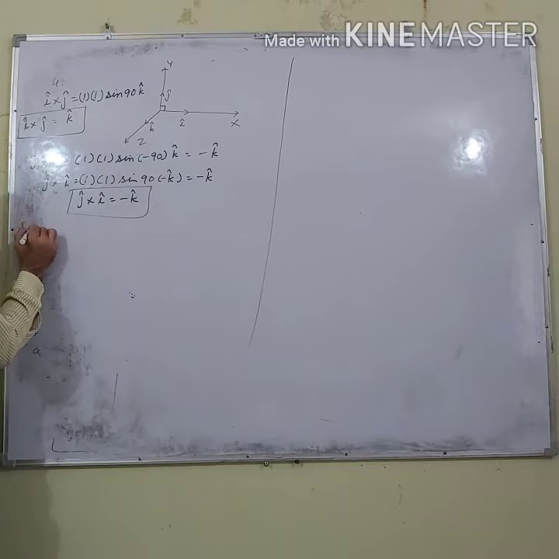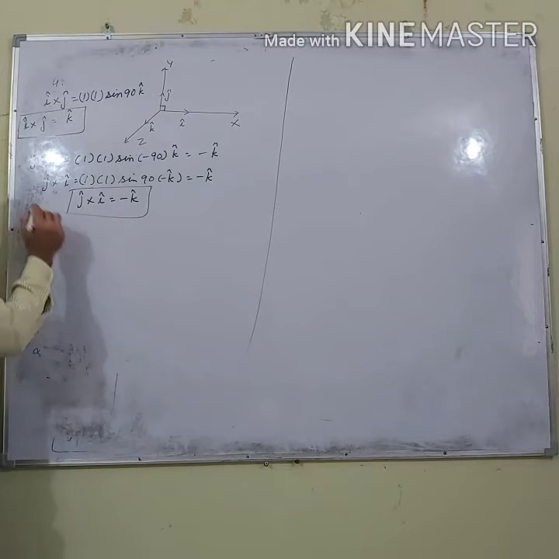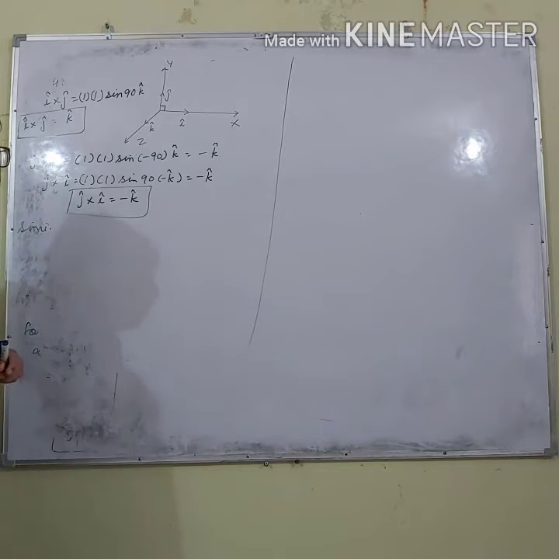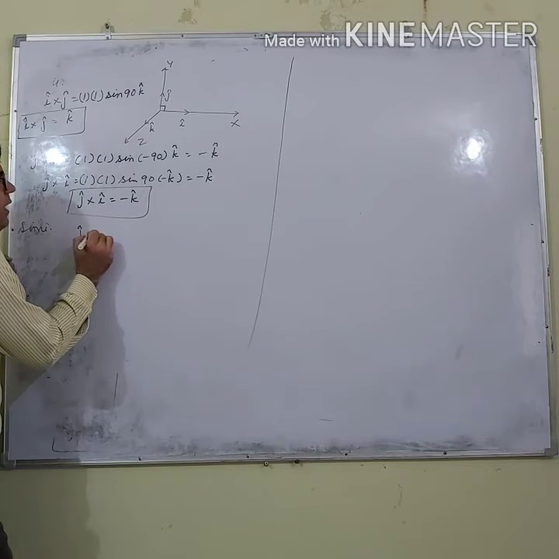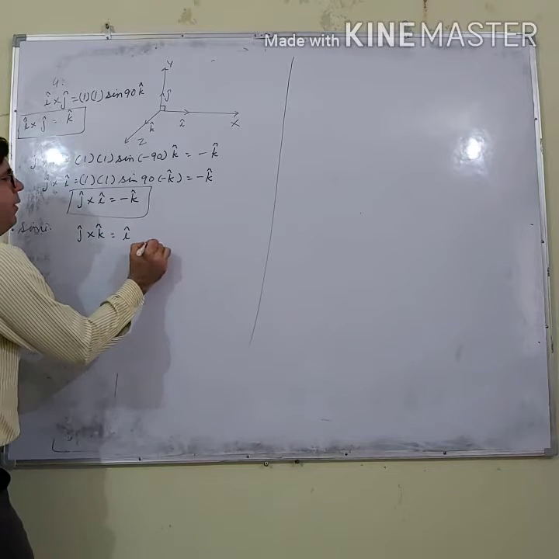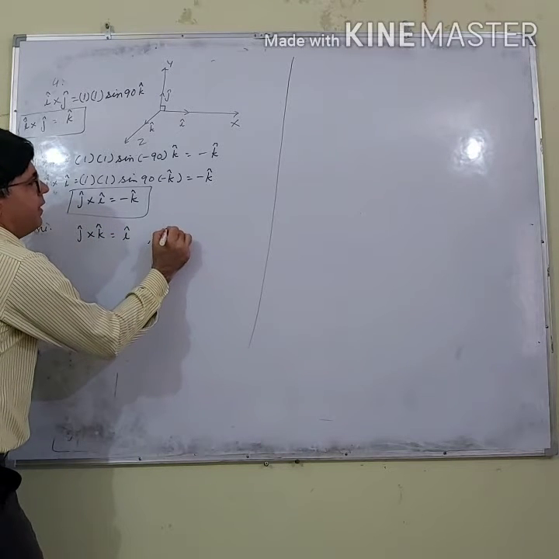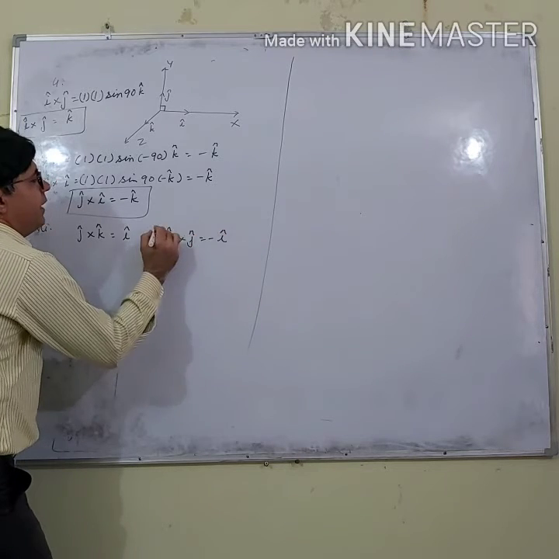Similarly, let's move in a cycle. i cross j. What will come after j? k. We can say j cross k is i cap, and k cross j is minus i cap.